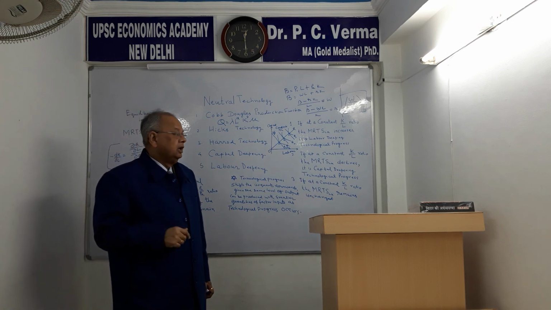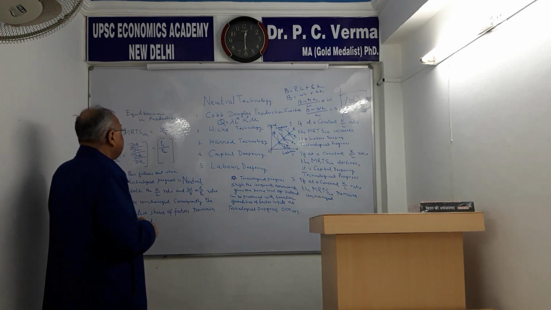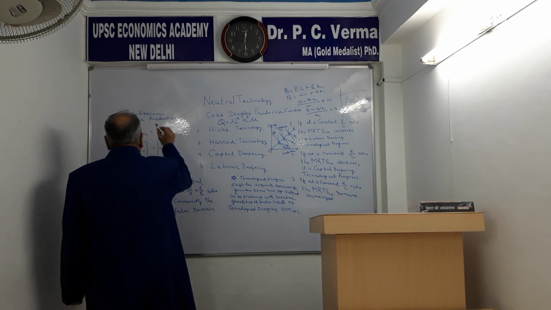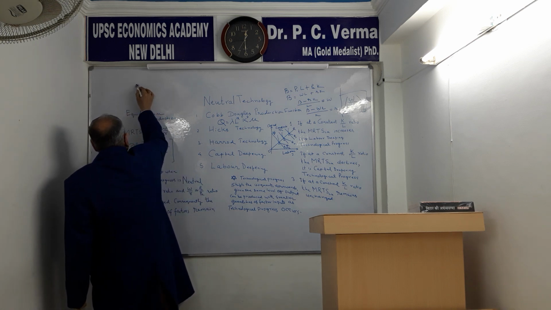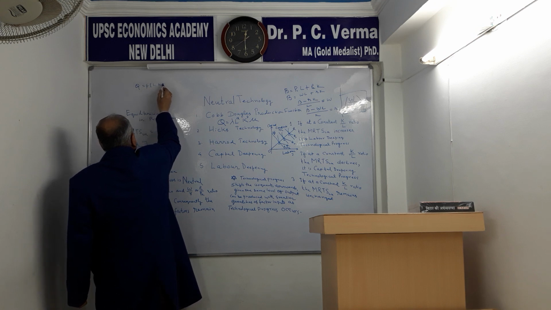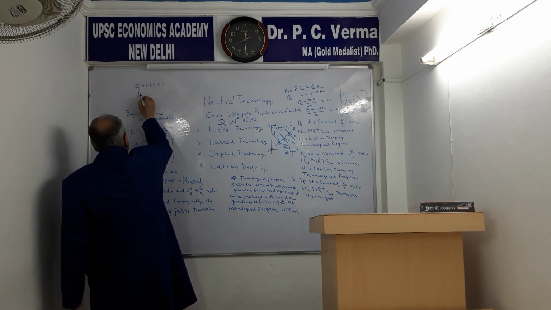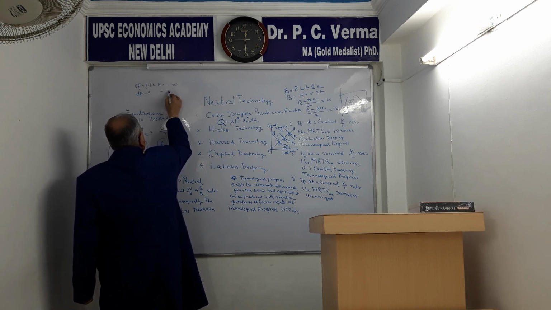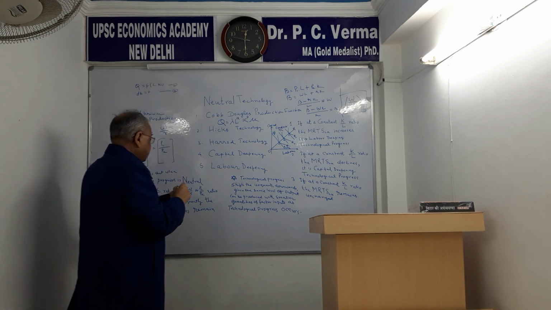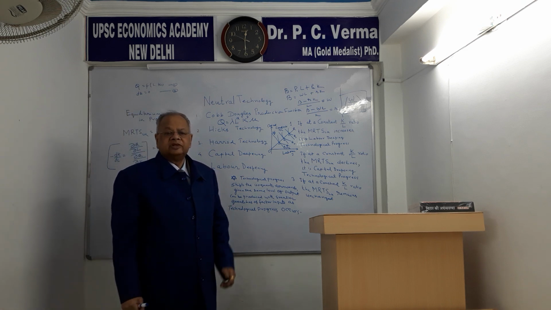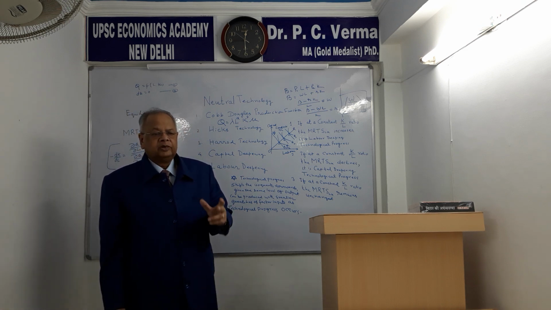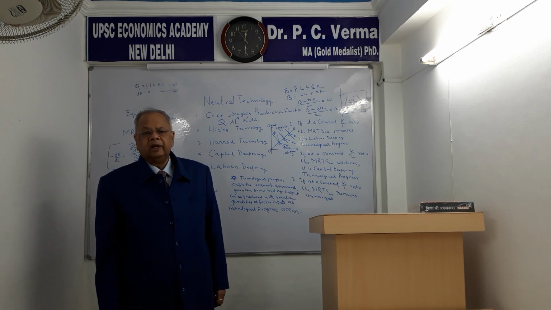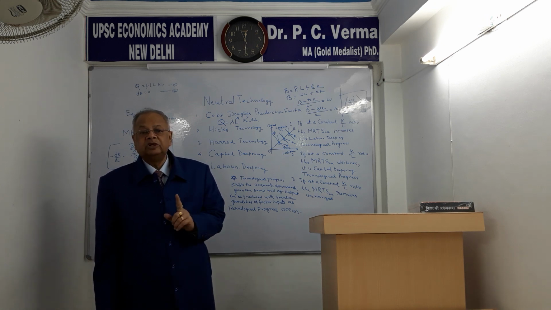Isoquant means production is a function of labor and capital, and dQ is equal to 0. dQ means the total differential of Q with respect to L and K. This must be 0.